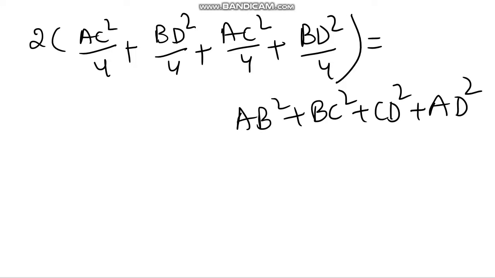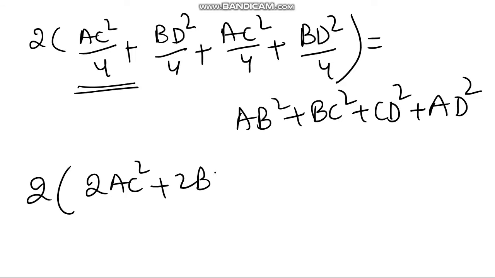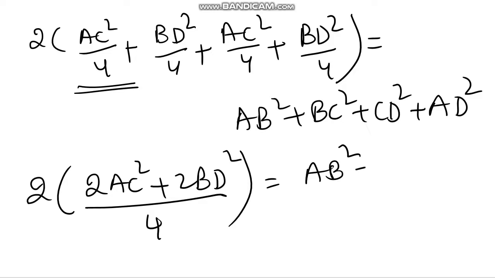Now children, you have 2 AC square and 2 BD square in the LHS. So you can write 2 AC square plus 2 BD square by 4, equal to AB square plus BC square plus CD square plus AD square.